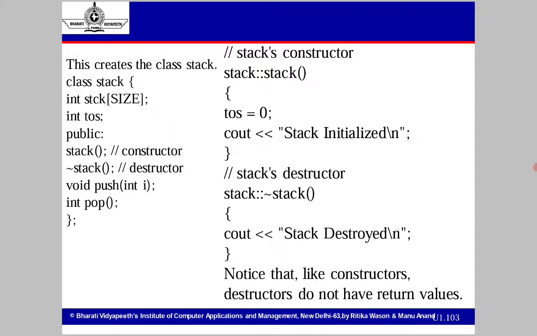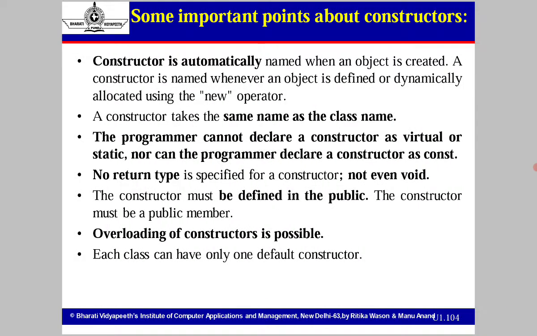So this is the example of using a destructor class. So what are the important points while using constructors or destructors? A constructor is automatically called when an object is created. Whenever you create any object in C++, the constructor is automatically raised.